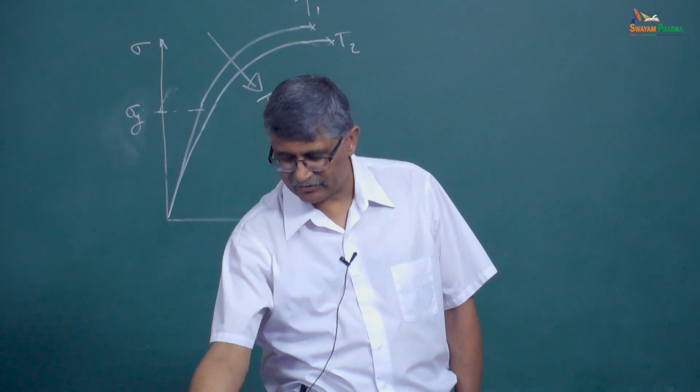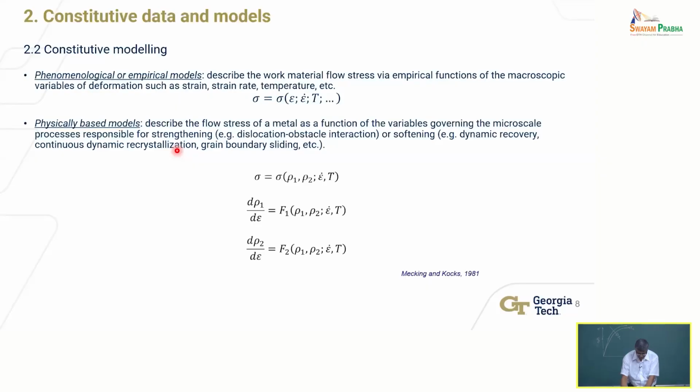Because I have the most general representation here, which is strain, strain rate, and temperature, not just strain, like you are used to in a class, softening can also occur. Strengthening can occur. There are competing processes. These dislocation interactions will cause strengthening, but higher temperatures will cause the opposite effect, softening.